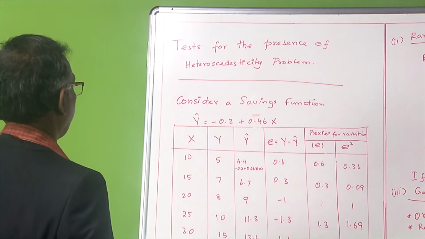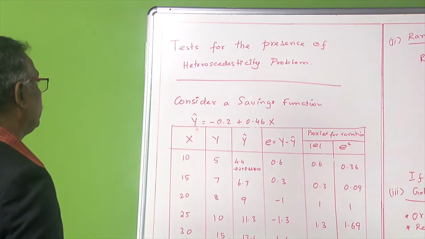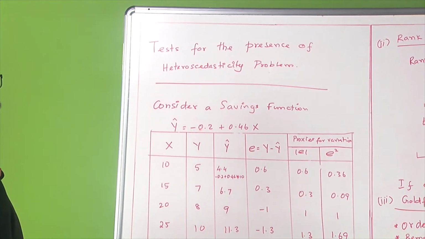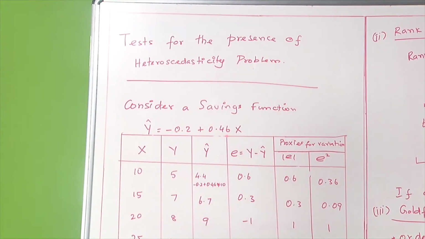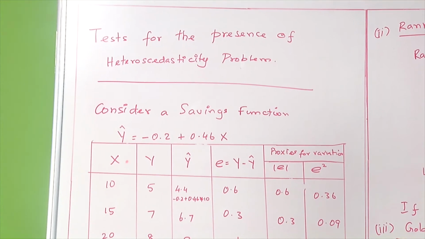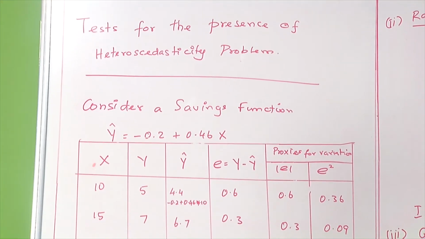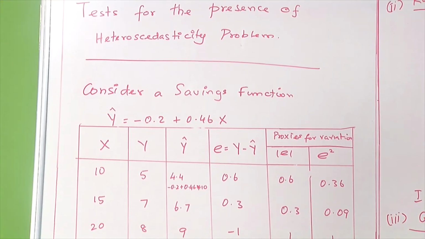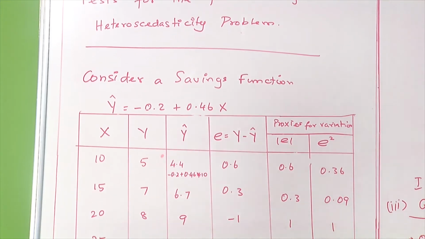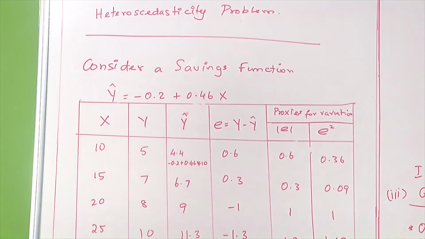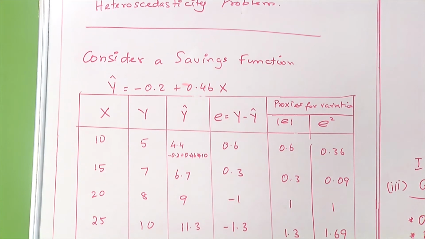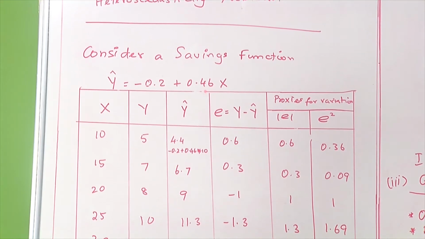Consider a saving function. Actually, it is already estimated. Y hat is equal to minus 0.2 plus 0.46 x. So, it has got the data. This is the x data and this is the y data, and we may find the y hat using this function.